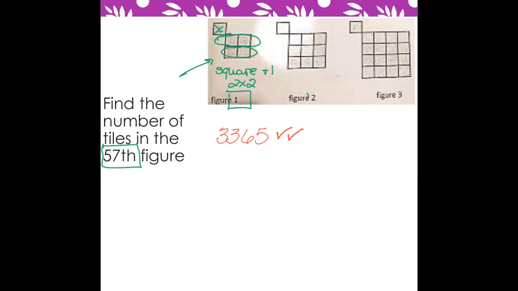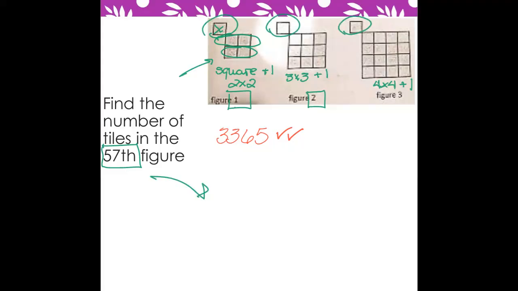So figure number 2, there is a 3 by 3 square plus 1. For figure 3, it's a 4 by 4 square plus the extra 1 that is up here each time.